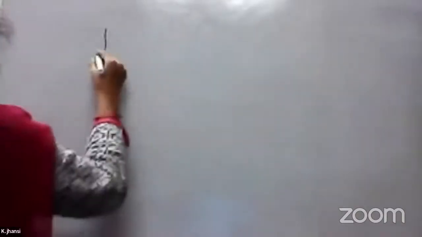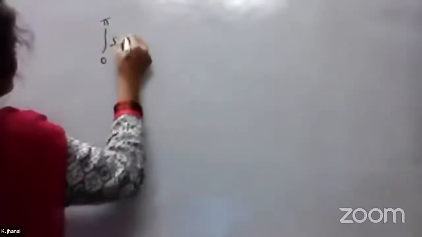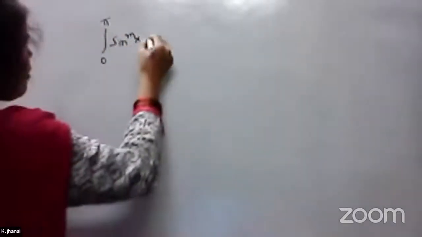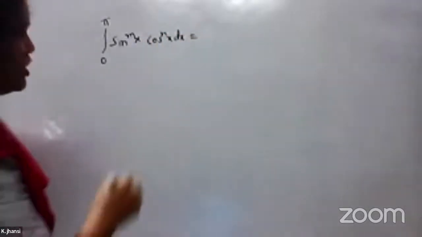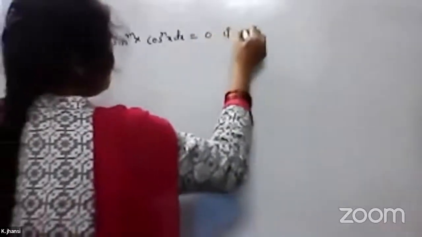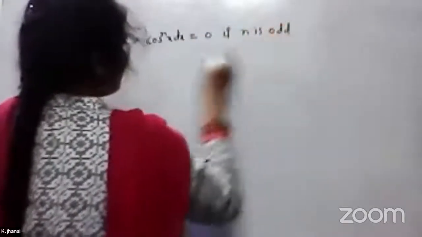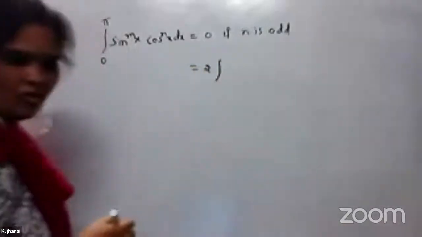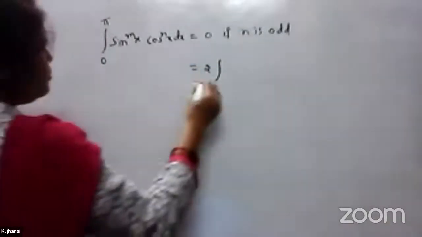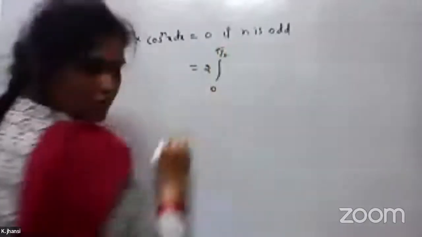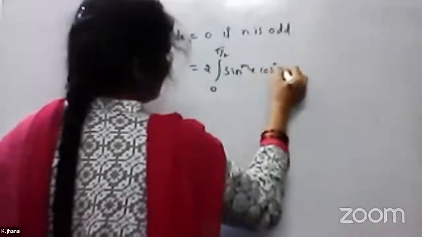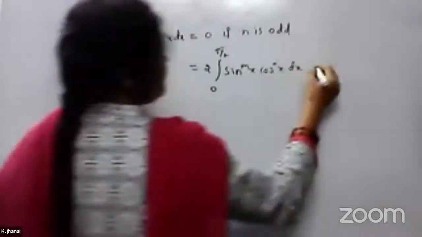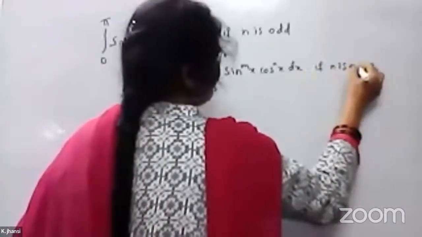So one formula you write: integral from 0 to pi of sine to the power of m x and cos to the power of n x dx is equal to 0 if n is odd, and it is equal to 2 times integral from 0 to pi by 2 of sine to the power of m x cos to the power of n x dx if n is even.